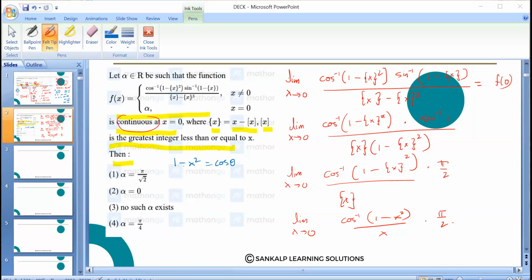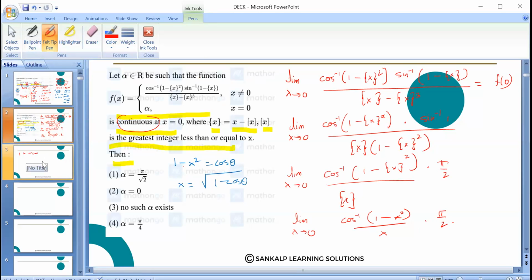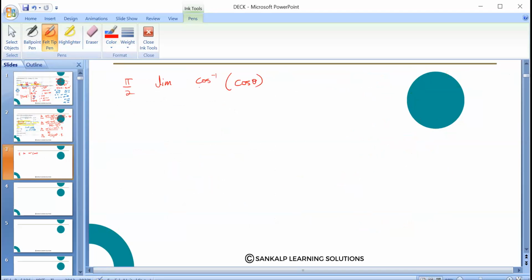So what will be x? Square root of 1 minus 4. That means I will have pi by 2 outside, limit of cos inverse 1 minus x square is cos theta. And x is root of 1 minus 4.